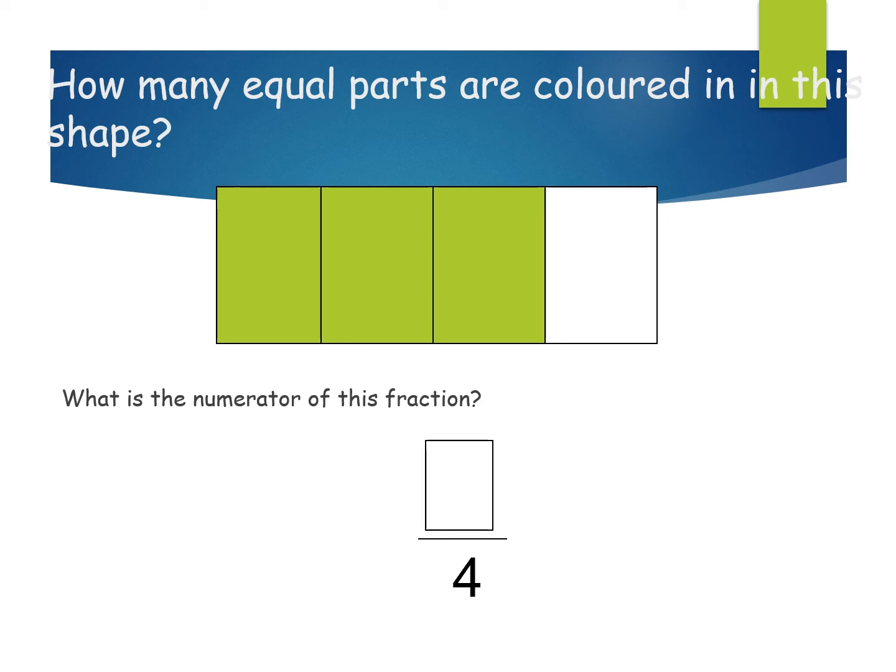So in this figure, how many equal parts are there? Yes, we have total 4 equal parts. So we have written in the denominator 4. But how many parts are shaded out of 4 equal parts? 1, 2 and 3. Total 3 parts are shaded. So the numerator will be 3.